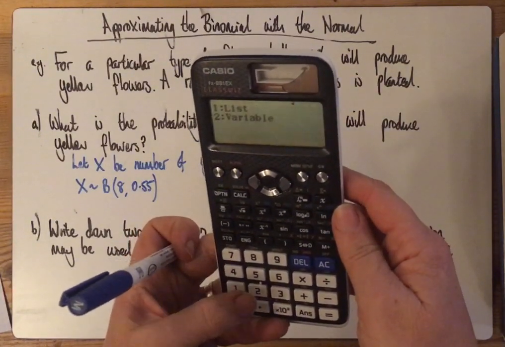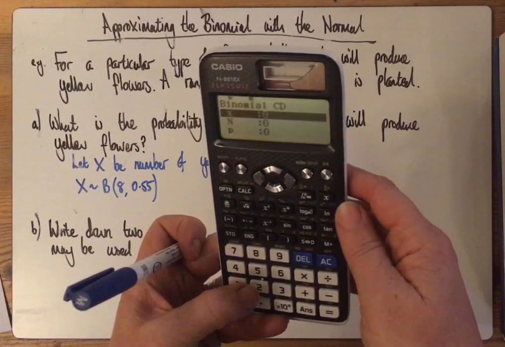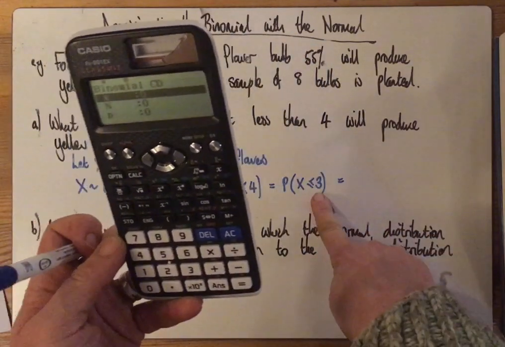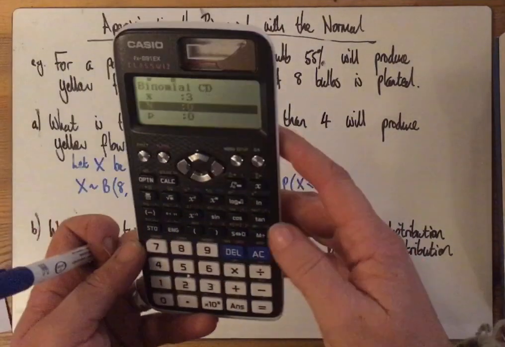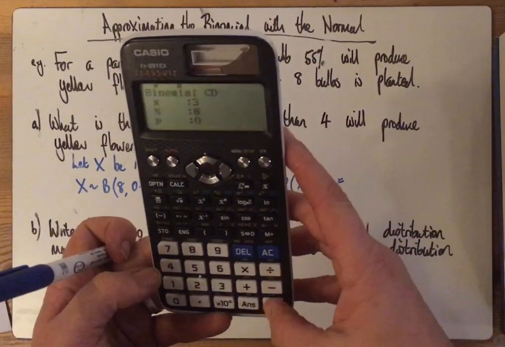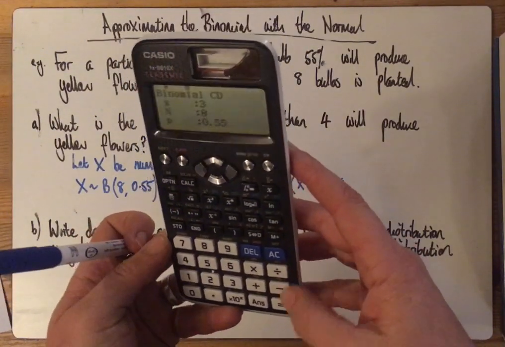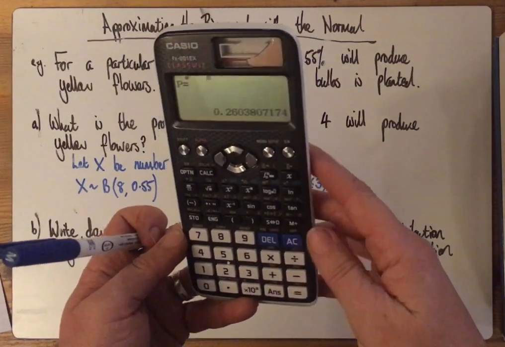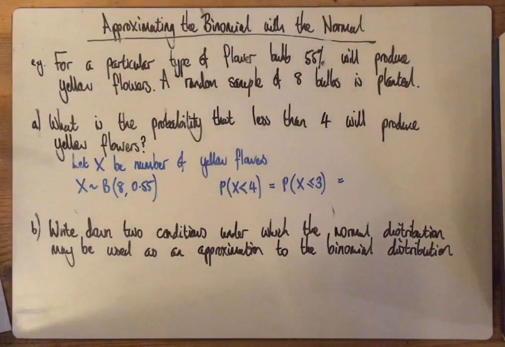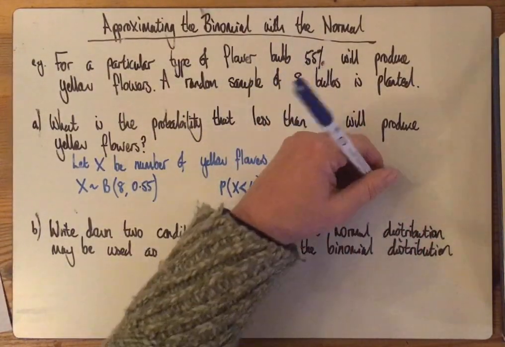After you scroll down, you just need one value, so it's variable. So x is 3, n is 8, and p is 0.55. And so we get 0.260. So 26% of the time you're going to get 3 or less yellow flowers.